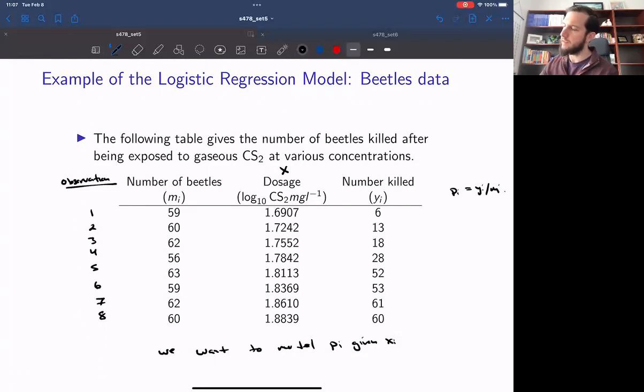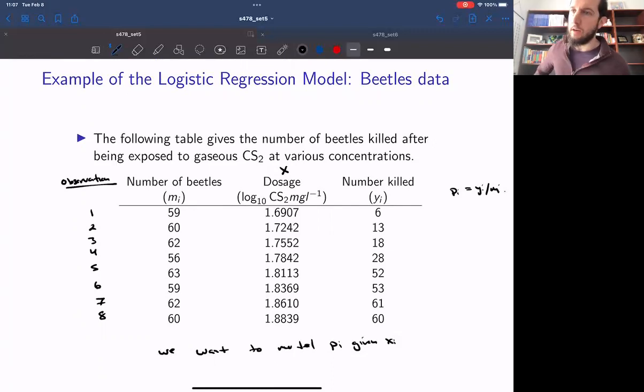With this data set, X is going to be dosage level. So at each dosage level, we have little m_i beetles being exposed to gaseous carbon disulfide. And we're counting the number of beetles that die, unfortunately, as a result of this exposure.